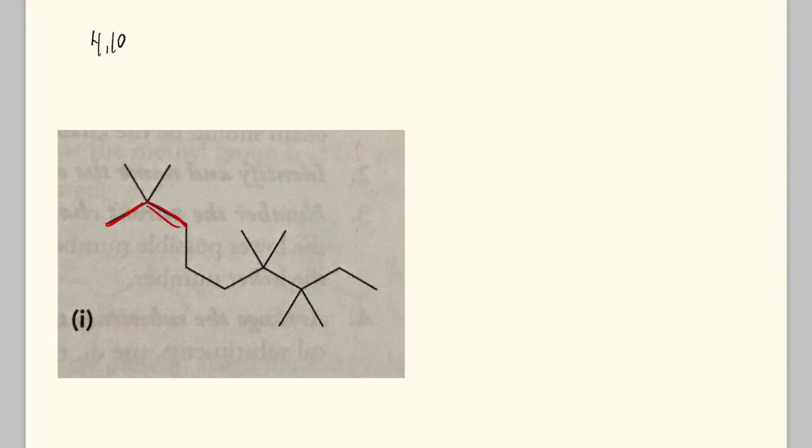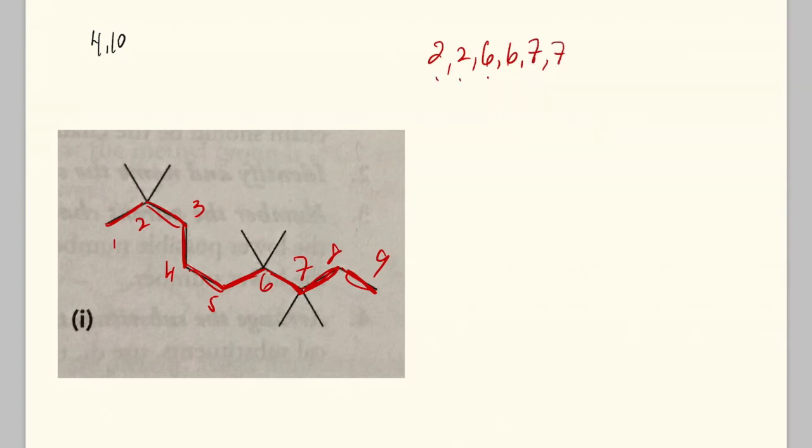All right, this molecule is pretty long, but let's highlight the longest chain. It just zigzags on through here. And we would number that. And these are all methyl groups, so that's pretty easy. We've got one at carbon 2 and carbon 2, carbon 6, 7.